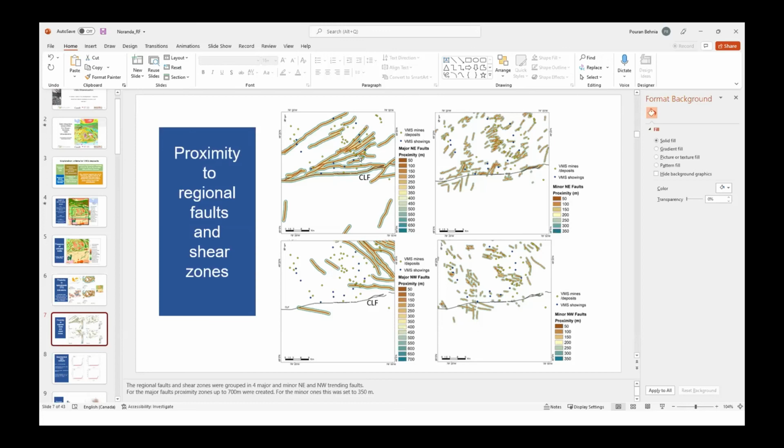The reason I was asking is because over there, the northeast trending faults tend to be synvolcanic faults, whereas the east-west ones are associated with orogenic gold mineralization.